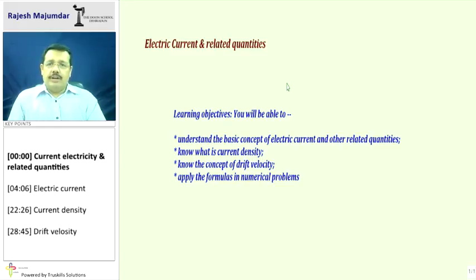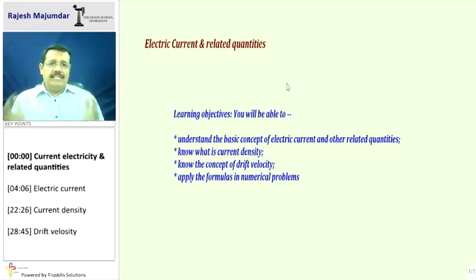So today we will be talking about the basic concept of electric current and other related quantities. We will also try to understand a little complicated but very important concept of current density and drift velocity.